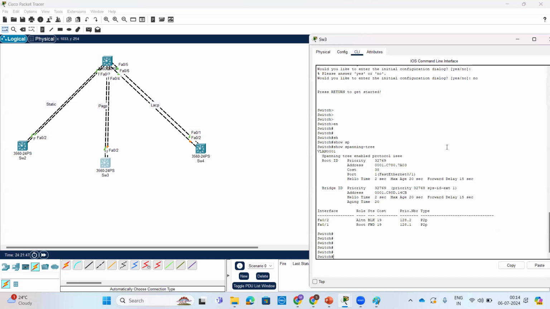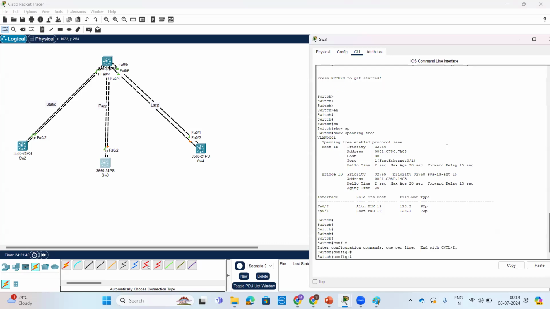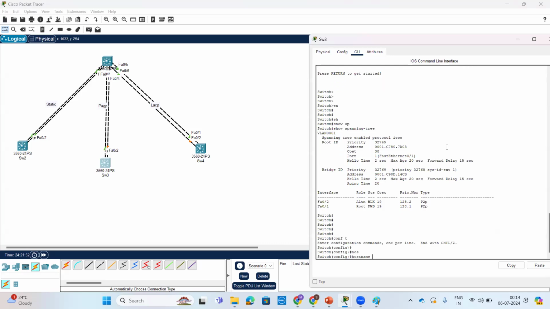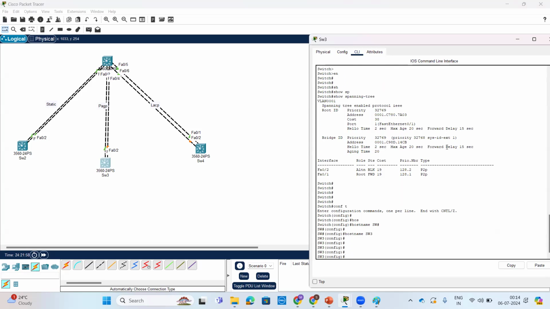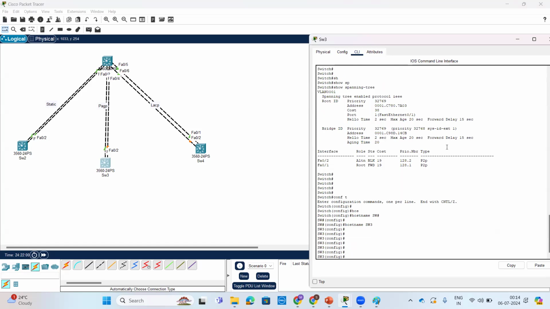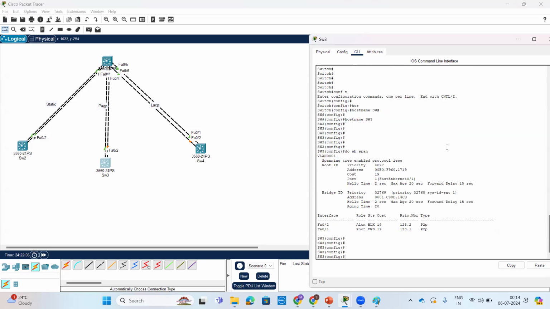Now config terminal, hostname, and do show. One is a blocking port, and one is in forwarding state, the root port, and one is an alternate port. Later we'll verify once we configure here.